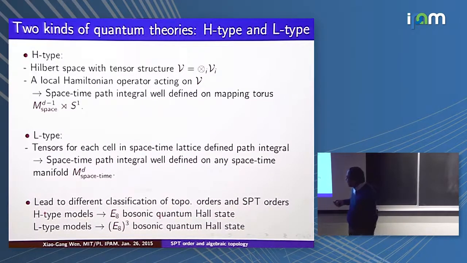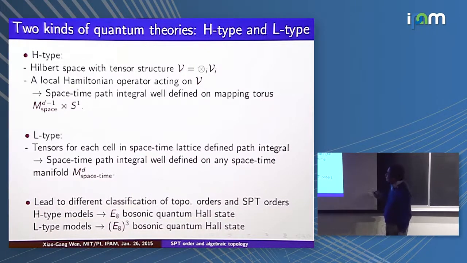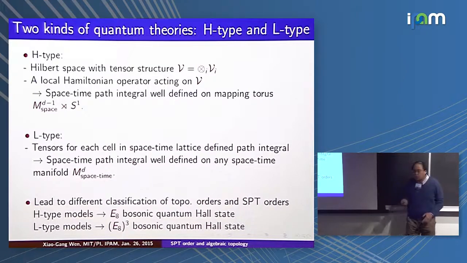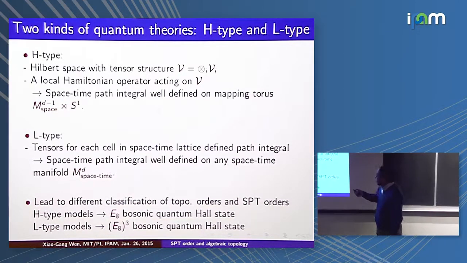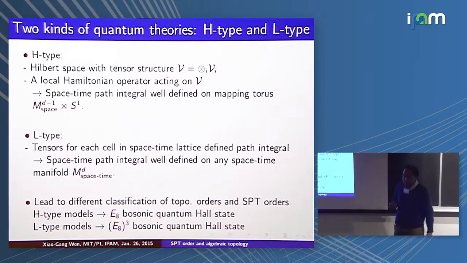And so in this talk, I will mainly talk about L-type theory. This L-type theory is closer to some mathematical formulation. But certainly in condensed matter physics, we are more interested in the H-type theory.